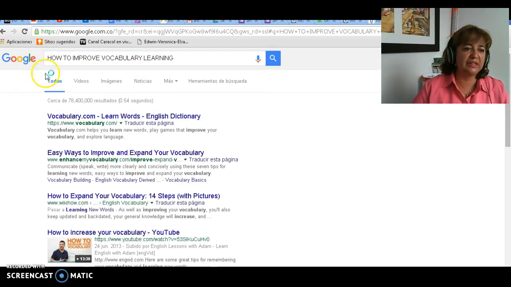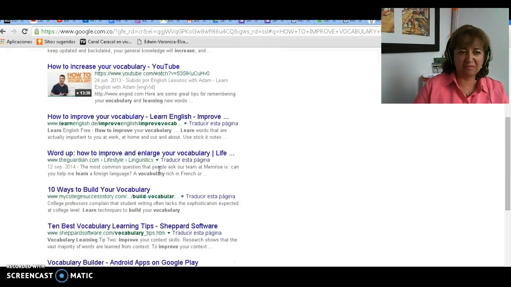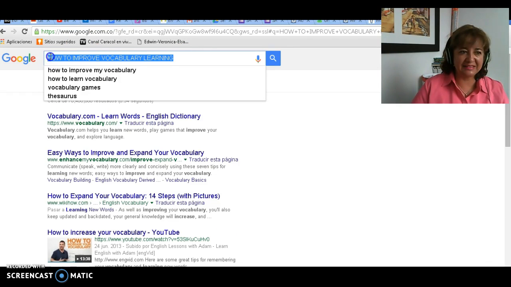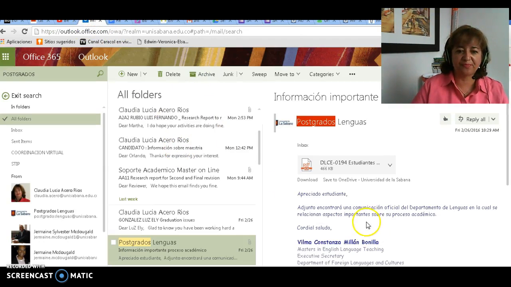So you need to identify that strategy that might make a difference in your research, something that probably is new or has been done according to the experience.